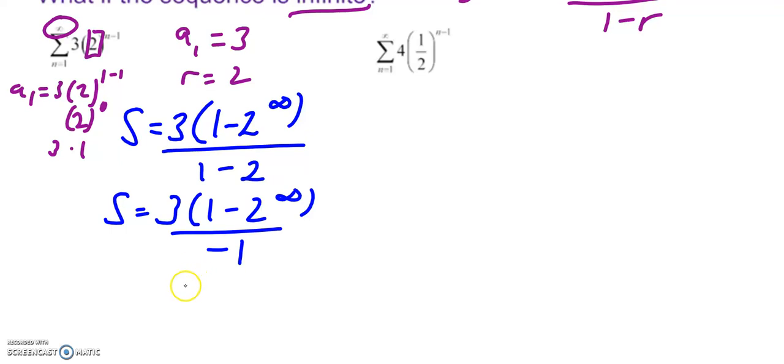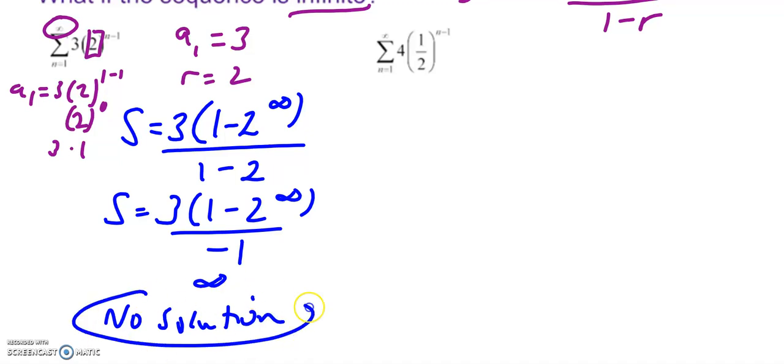So in this example, because our answer is probably going to be infinity, we're going to have no solution because there is no sum, because having a sum of infinity doesn't make sense because we don't know exactly what that is. So if we're going to get a little bit more into eventual calculus lingo, this series diverges. It does not sum up to a specific number, so that's why there is no solution.